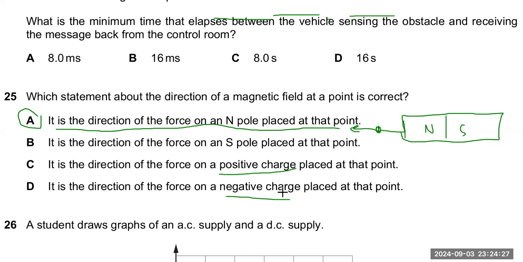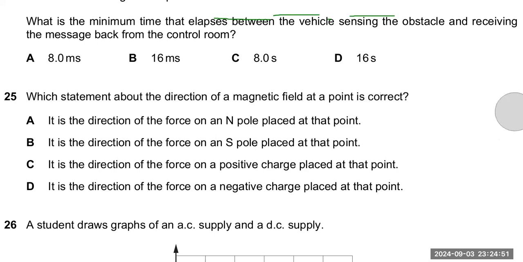But when we study electromagnetic induction and electromagnetism, then we will understand how a magnetic field can induce EMF and current in a coil. This is a separate thing which we will study in coming MCQs. So in this question, you just have to understand the direction of the force by the magnetic field.